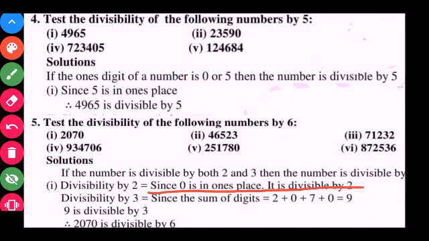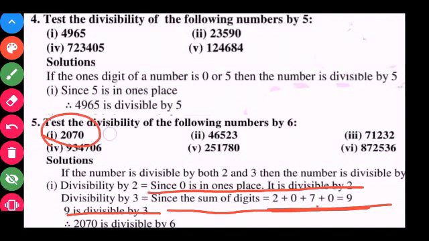Now divisibility by 3: the sum of digits of 2070 is 9, and therefore this is divisible by 3. So this number 2070 is divisible by 2 and 3 both, therefore it is divisible by 6. Understand? So to check divisibility by 6, we check divisibility by 2 and 3.